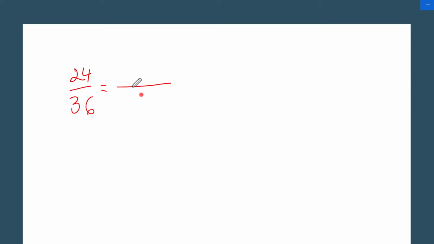So 24, you can do 2 times 12, and 12 you can say is 3 times 4. And here 36, because you have a 2 and a 12, you can think about whether it divides by 2 or by 12.